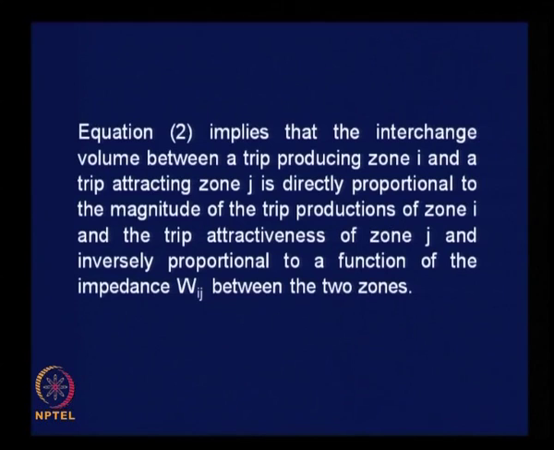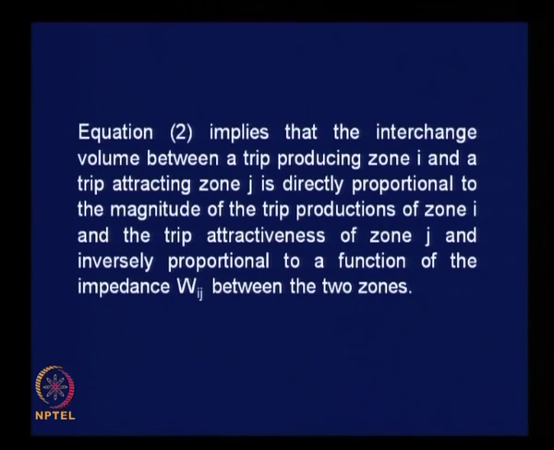From equation 2, the previous equation, Tij equal to K times Pi Aj divided by Wij raised to power C implies that the interchange volume between a trip producing zone I and a trip attracting zone J is directly proportional to the magnitude of the trip productions. That is very important.